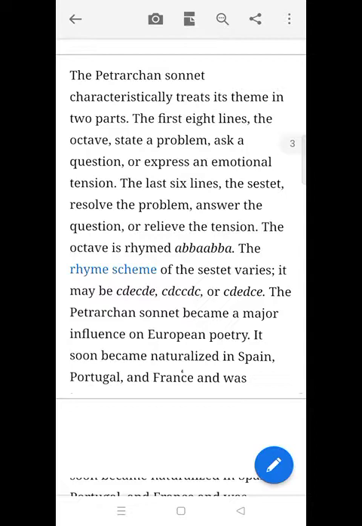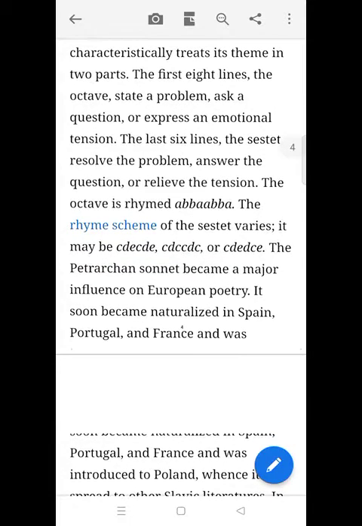The remaining last 6 lines are called the sestet, which resolves the problem or answers the question put earlier in the octave. Here in the sestet we find the answer to the question or relief from the tension.